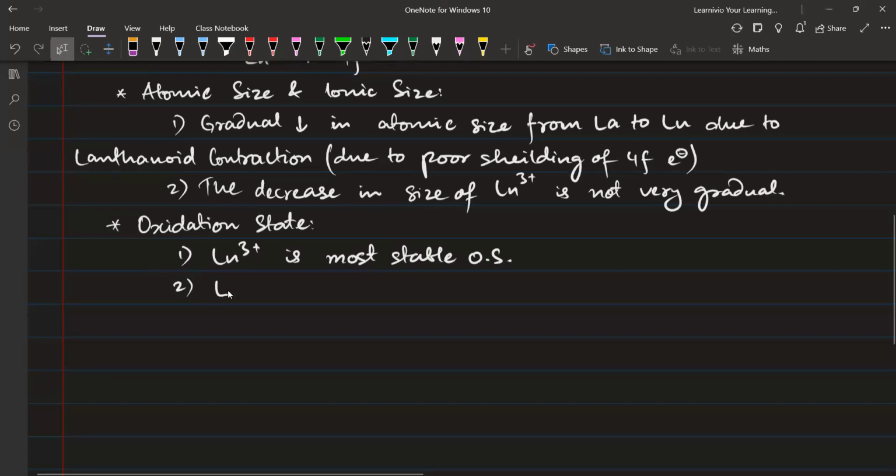Second point is lanthanide 2 positive and lanthanide 4 positive also exist. Okay? Generally they exist when you are having half filled, fully filled, or complete f-block configuration, in that case you are going to have 2 positive or 4 positive.